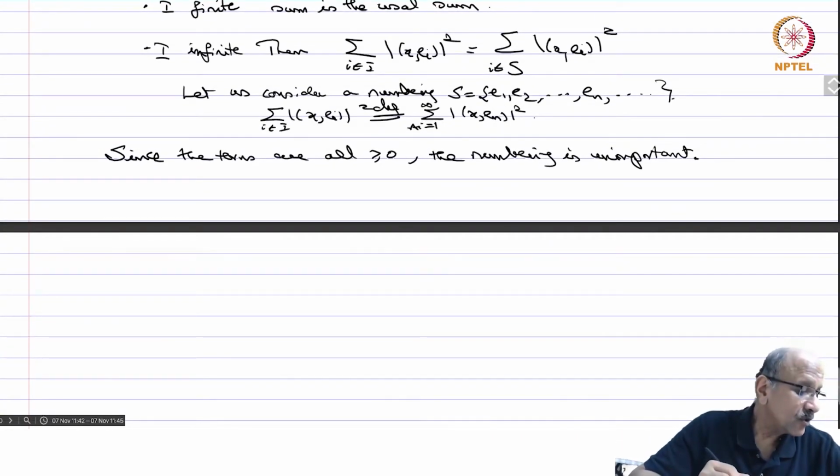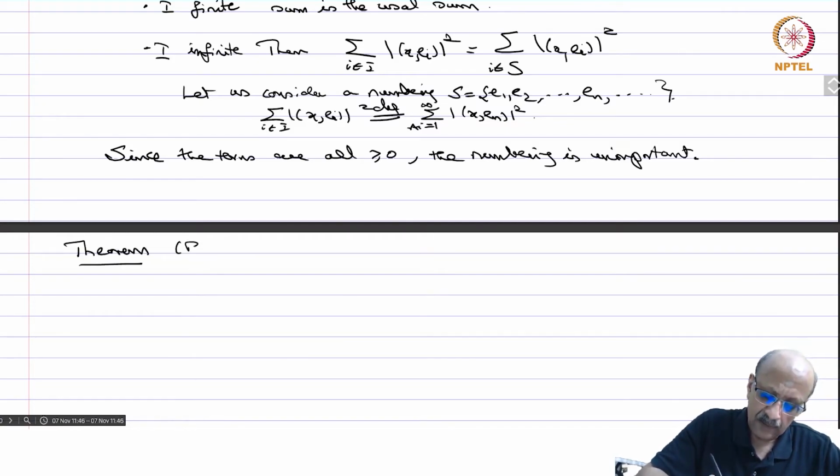Okay, so now we can generalize the proposition which we proved earlier. So again you have a theorem, and this is called Bessel's inequality.